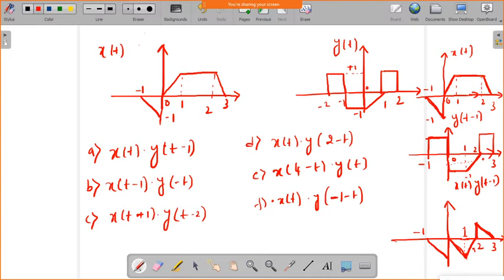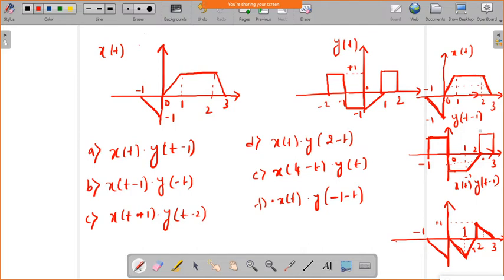In a similar way, from 2 to 3, what is the value? At 2 you have the value of 1, and also here the value of 1. So 1 into 1 you will get the value 1, plus 1. At the middle value, for example at 2.5, the value may be 0.5, is it not?